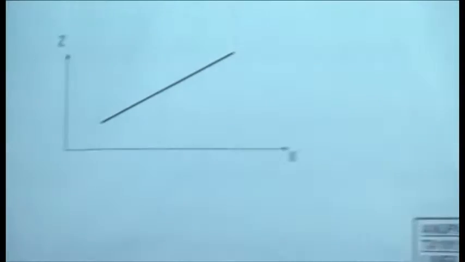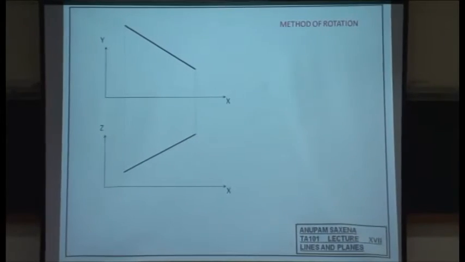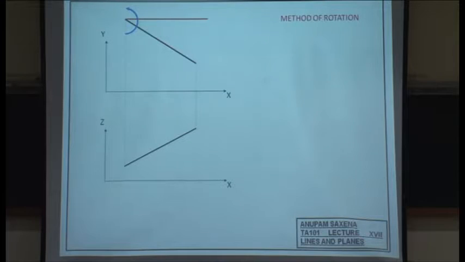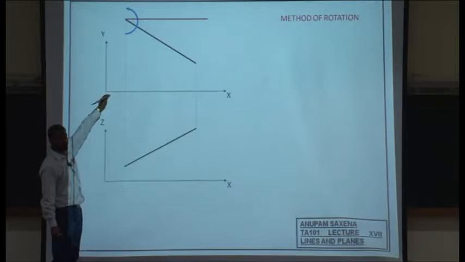So, what we have is the method of rotation for that. Let us say you rotate the projection in the horizontal plane or the top view by some angle. That rotation is about what axis? The z axis. This axis over here.